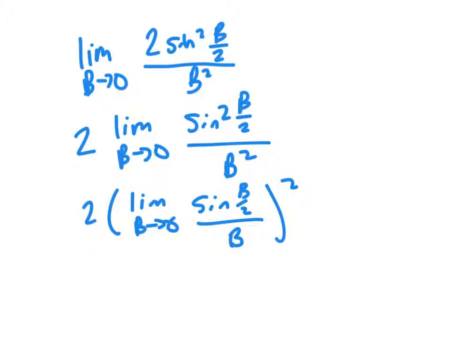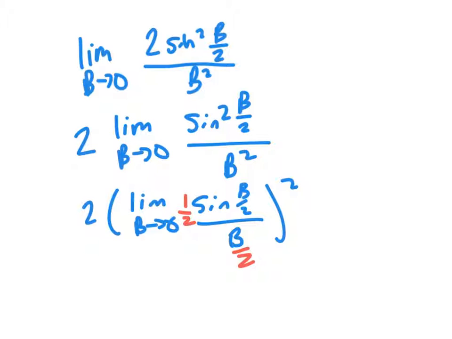And now we can use our little trick of multiplying by a form of 1. In order to use our theorem, the limit as theta approaches 0 of sine theta over theta is 1, we need to have a beta over 2 in the denominator. And so I'm going to multiply by 1/2 in the denominator, but I also have to multiply by 1/2 in the numerator, so I don't change the value.